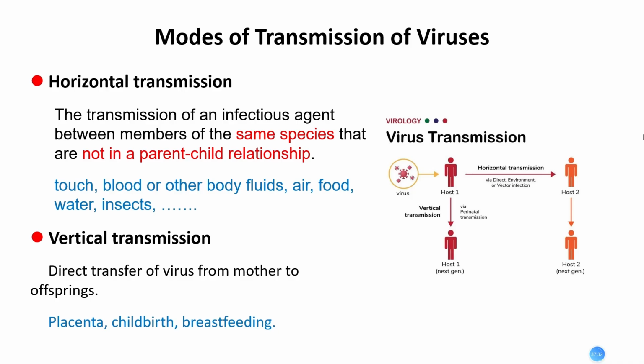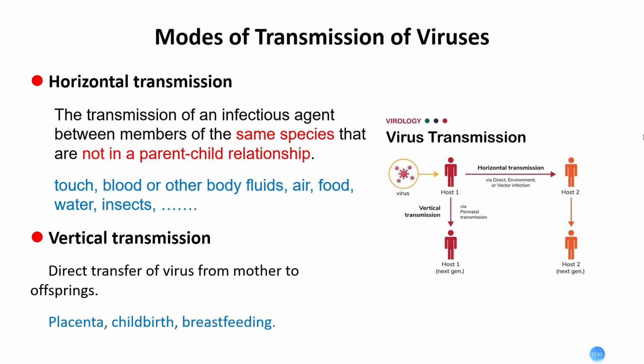First, we want to talk about the modes of transmission of viruses. Well, again, it's similar to bacterial infection. There are two major transmission patterns. One is the horizontal transmission. The other one is vertical transmission. Vertical transmission is simpler.